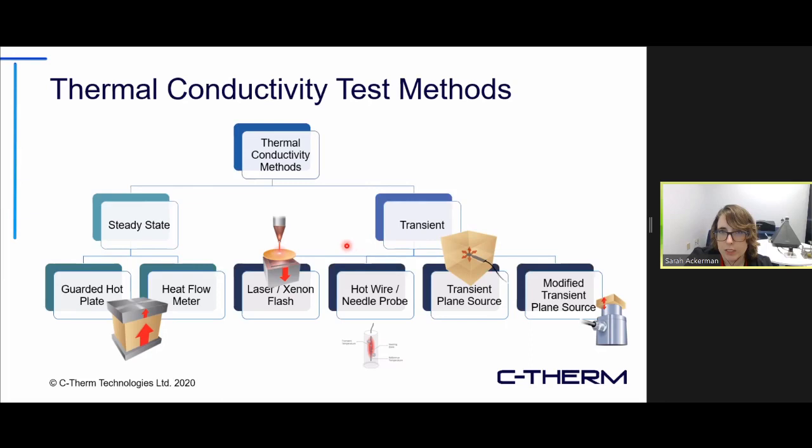These could further be subdivided into non-contact methods like the flash methods, and also a few of the more niche thermal reflectance-based methods. And then the contact-based thermal conductivity test methods, which are over on the right-hand side here, of which the most commonly applied include things like hot wire, needle probe, transient plane source, and modified transient plane source.